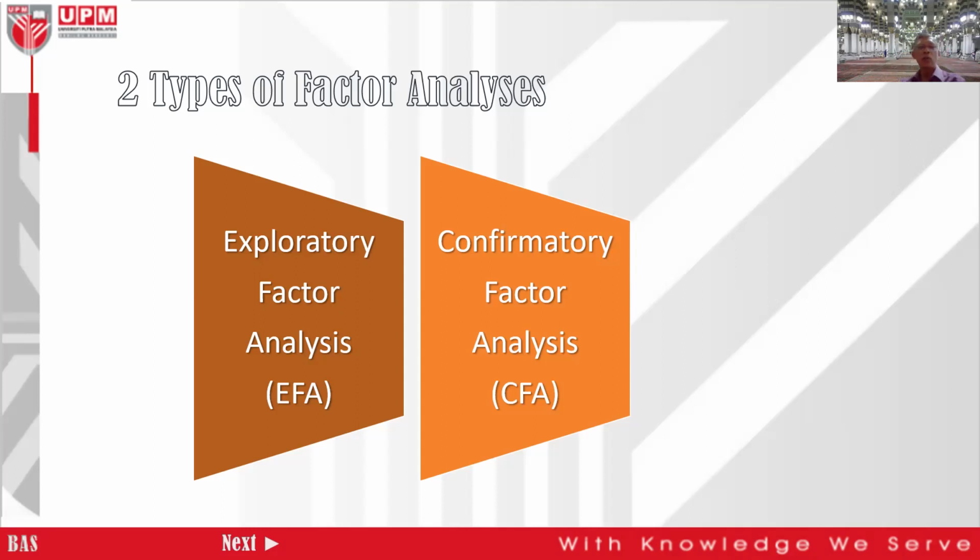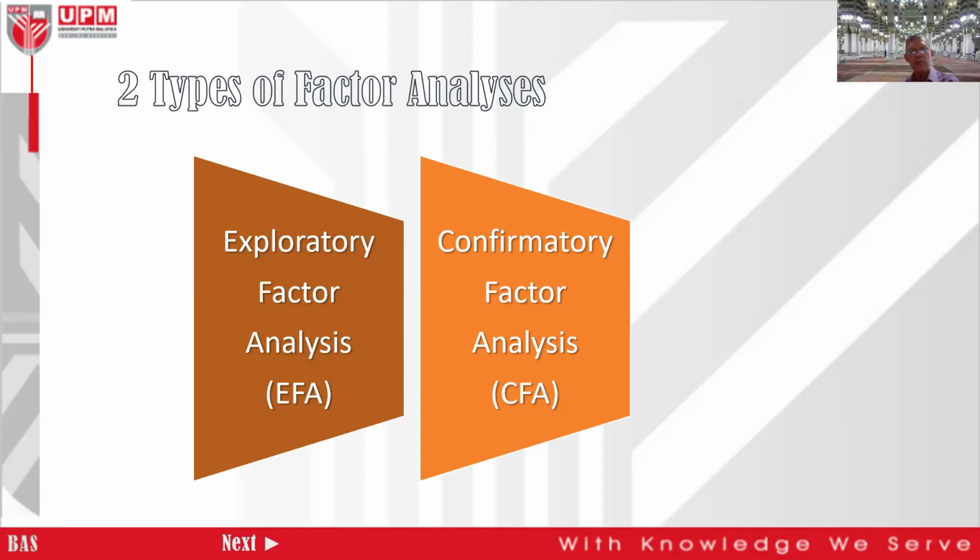Now we want to discuss the difference between EFA and CFA. EFA is exploratory factor analysis done in SPSS, and we do this in the early part after we have done the data preparation.